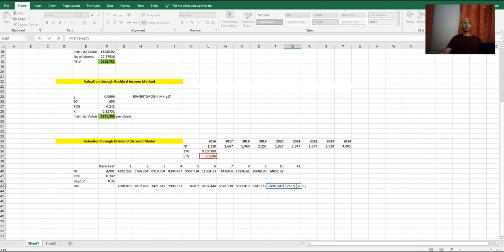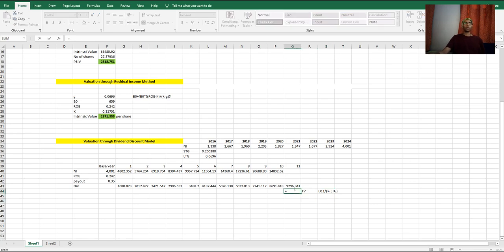Now from this we'll be able to calculate the terminal value. This terminal value is given by D11 divided by cost of capital minus LTG. Okay.